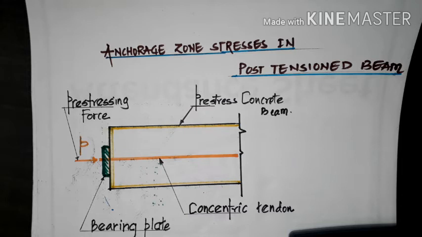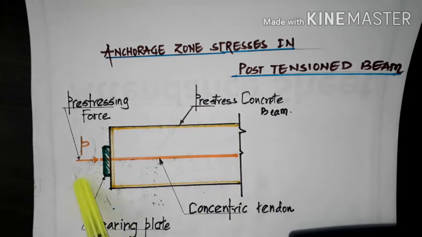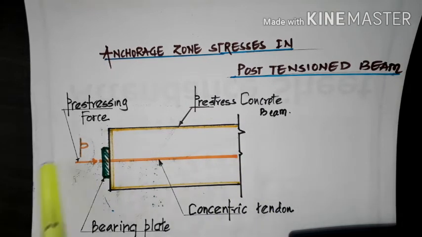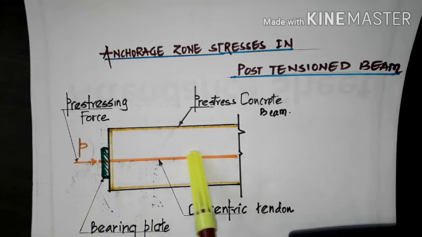In other words, in post tension members, the prestressing force is introduced by providing wires or cables into the ducts which are pre-formed in the concrete.